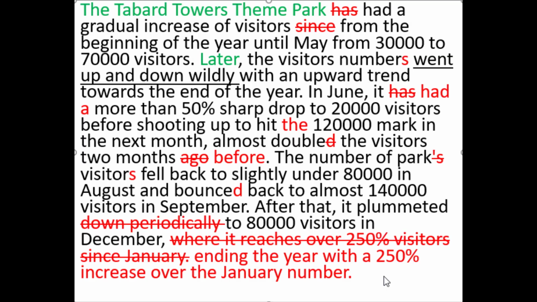So there's a problem that all the data is described in one paragraph, but let's look at the one paragraph anyway. So this long noun phrase is repeated. That is not necessary. We already referred to the Tabard Tower theme park in the introduction, so we don't need to repeat the name.